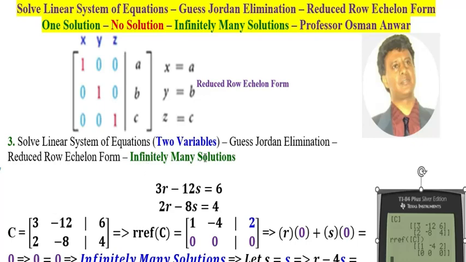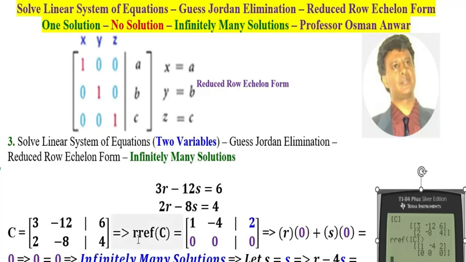And this is infinitely many solutions. The system of equations are 3r minus 12s equals 6, 2r minus 8s equals 4. We create a matrix called C. For r we have 3, 2. For s we have minus 12, minus 8, augmented with 6, 4.